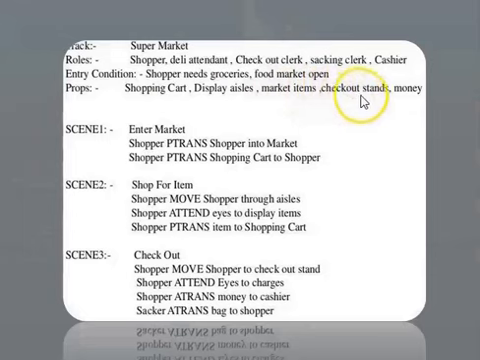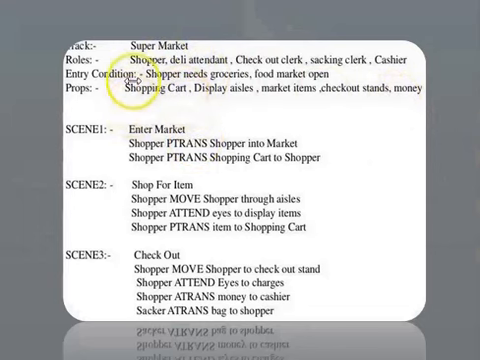Then checkout stands for keeping our bags and luggage will be there. Money is a property. Then our shopping bags can be a property. Likewise, we can have different properties used for performing this shopping activity as a script.